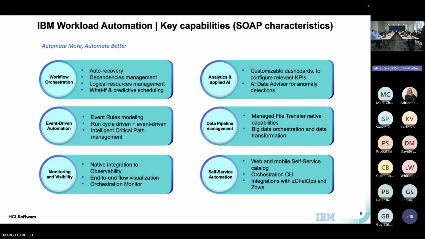Then we have self-service automation. We have the self-service catalog, the orchestration command line, integration on the Z side with other tools of the Z ecosystem. So we have a large number of capabilities to cover the main capabilities of this kind of platform.